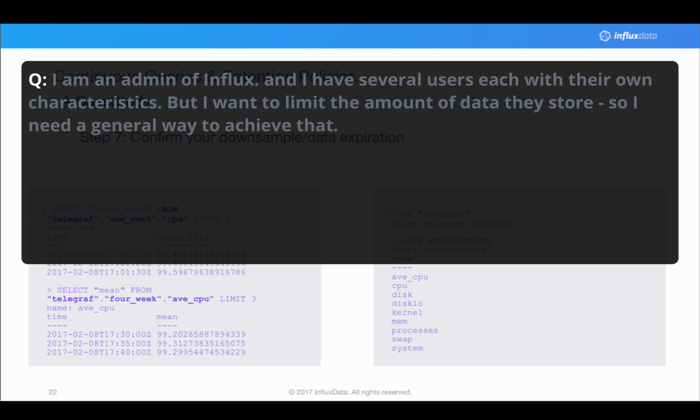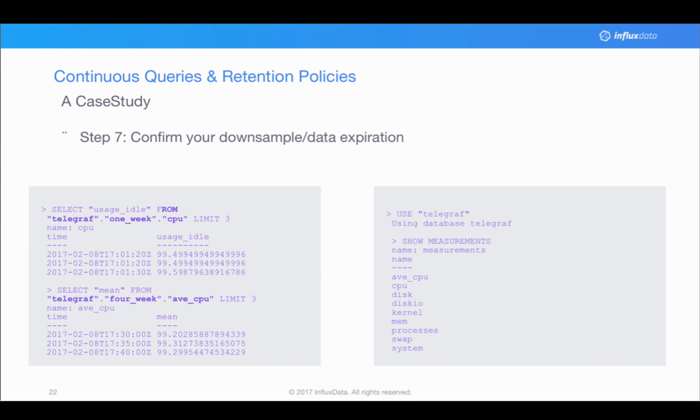If you have a manageable number of users, depending on how many several is, writing custom CQs for them, maybe one level of downsampling, would be not a whole ton of overhead. Is that the type of use case we're talking about? Not too many users? And does the splat operator and the measurement back reference work for you, Adlo?